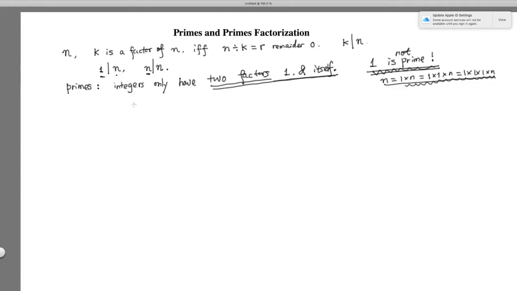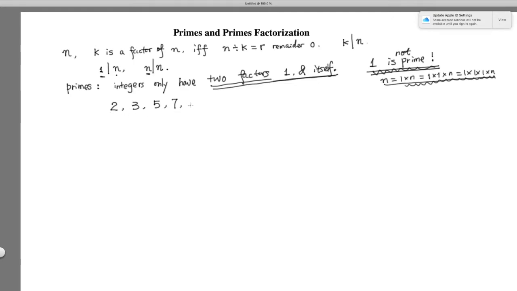So by this definition, which numbers are primes? Let's see, 2 is a prime, 3 is a prime, 4 is not a prime because 4 has factors 1, 2 and 4, three factors. 5 is a prime, 6 is not a prime because 6 equals 2 times 3, so it has factors more than 1 and 6, and 7 is a prime.